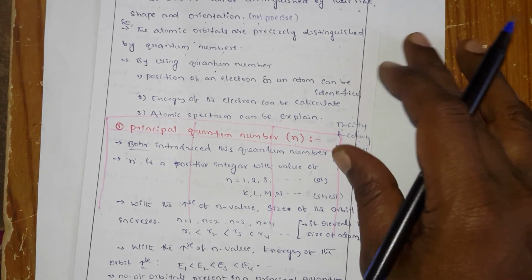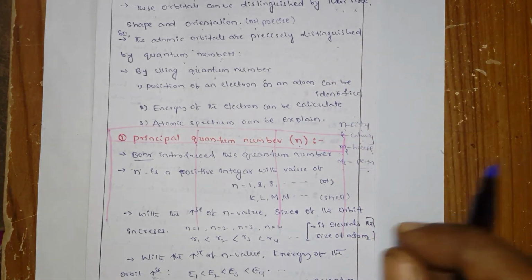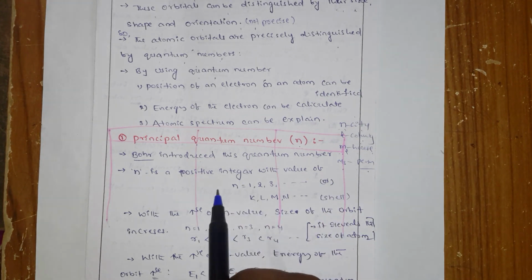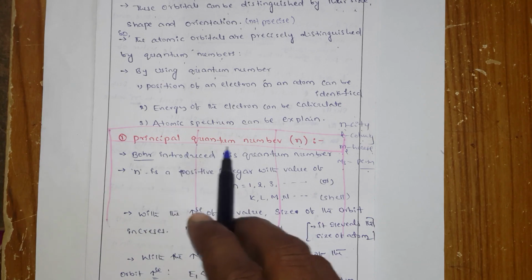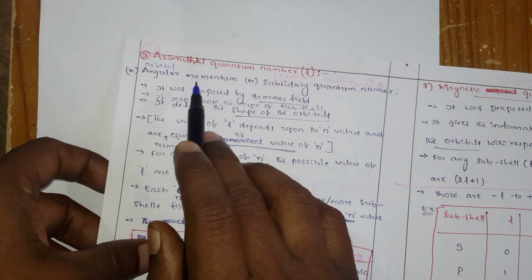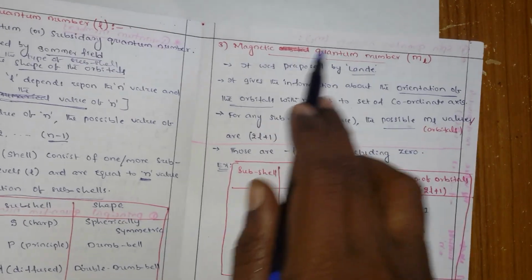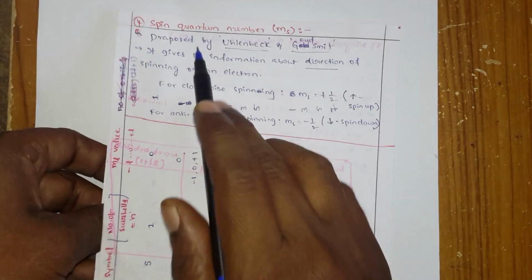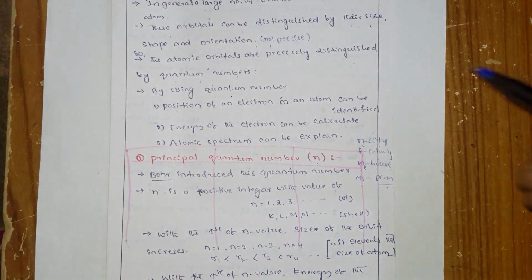To address that, they used quantum numbers. They used four: the principal quantum number, the azimuthal quantum number, the magnetic quantum number, and the spin quantum number. These you already learned in the 10th class.